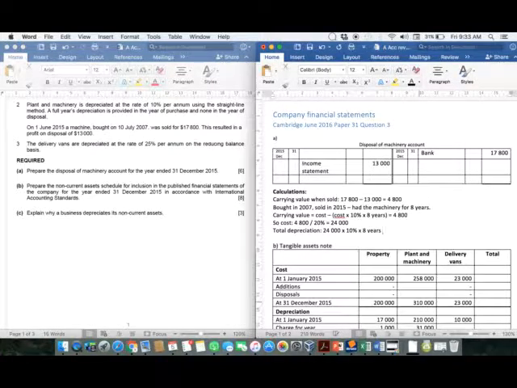or times 80%, which is going to give you your amount of 19,200. Or you could do it the other way around and say 4,800 carrying value is 20% of the total.